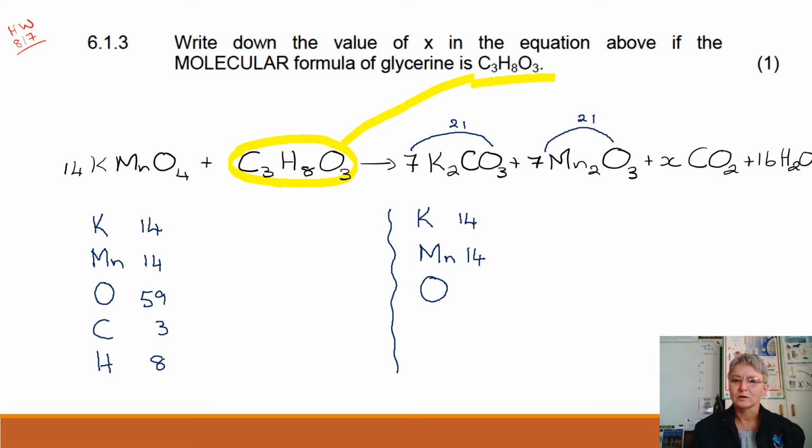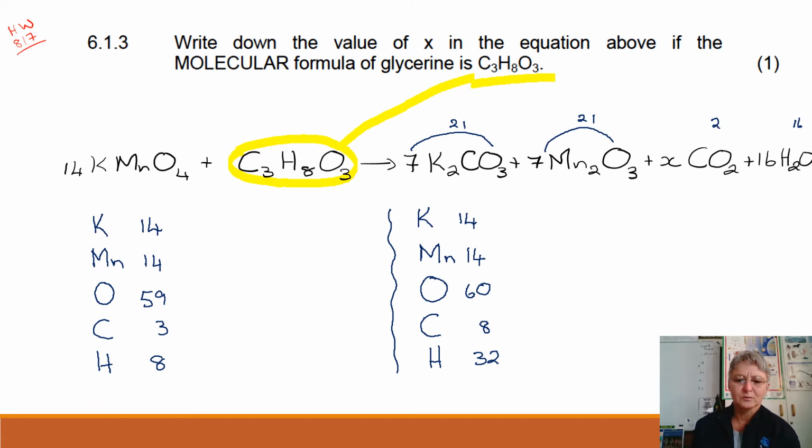And here we've got 2. And there we've got 16. So it's 42, 44, 60. So oxygens are not balanced at this point in time. Carbons, on the product side, we've got 7 plus 1, that's 8. And hydrogens, we've got 32.